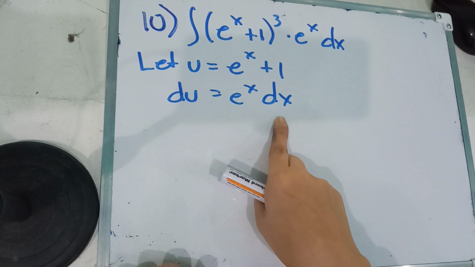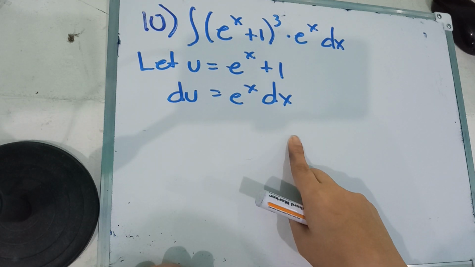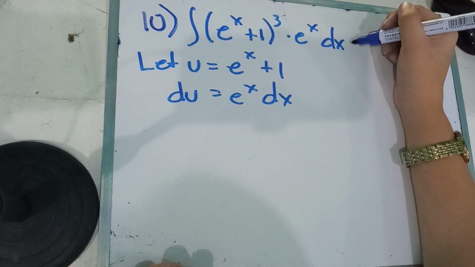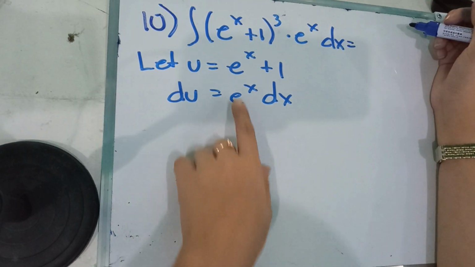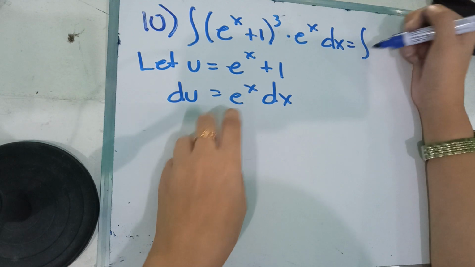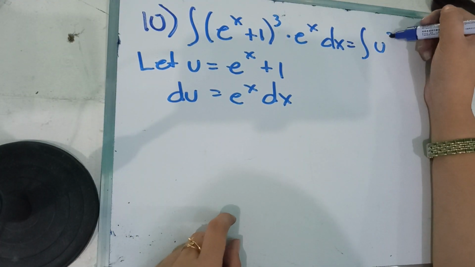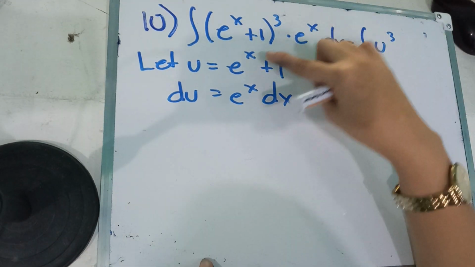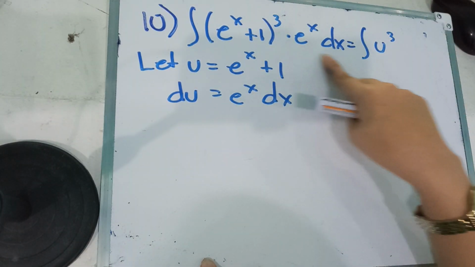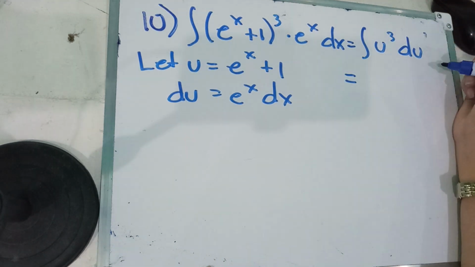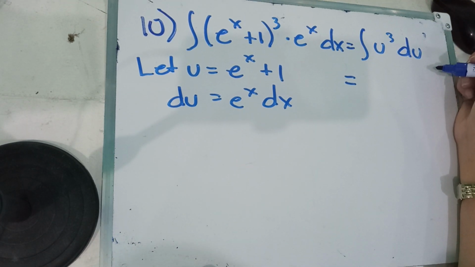Now, going back to our function, that is the integral of, that is our u, it's u cubed, right? So that's u cubed, then this is du. Now for this certain example, we can actually apply the power rule.